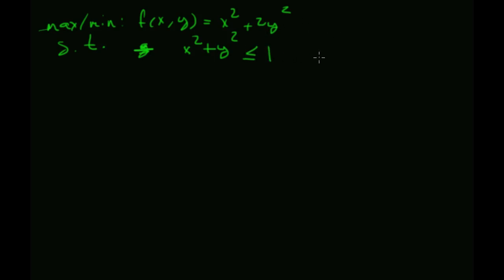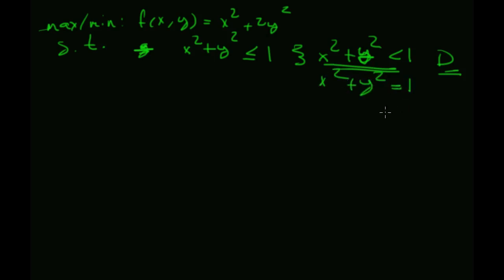Now, here's what's going on, is that you actually have to use a two-step method to solve this. You have to deal with one step for where this thing is on the disk, so it's where I'm strictly less than 1, because that's an open region, and that's where we're going to use that D that we did earlier to find the local maximums and minimums. And then I have to deal with where this constraint is on the boundary. So that's where it's equal to 1.